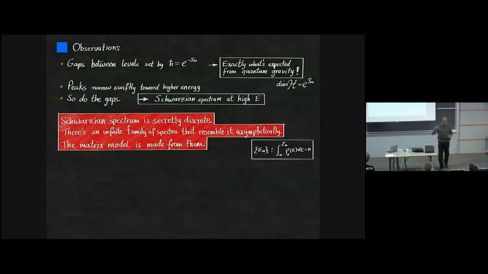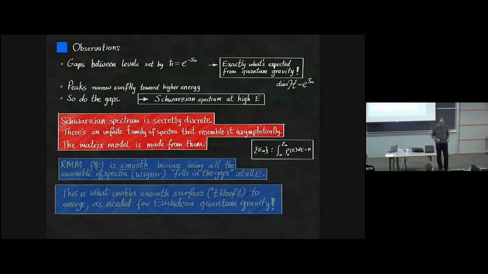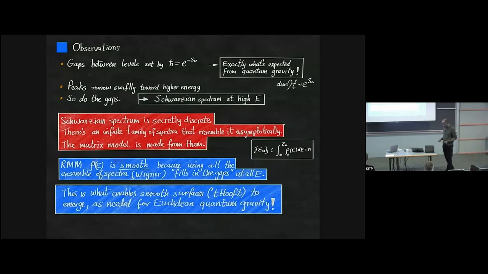And the other thing we learn is that this is a way that the matrix model tells you how you can discretize the Schwarzian spectrum. It really can be thought of as having some underlying discrete structure. And the matrix model is built from spectra of that type. And it's extremely explicit.